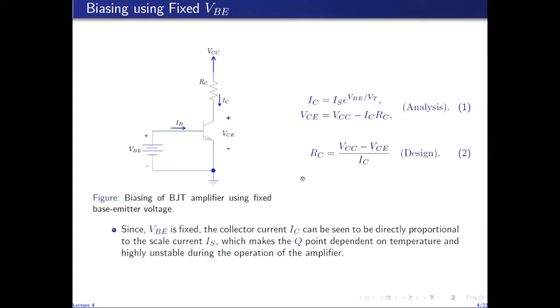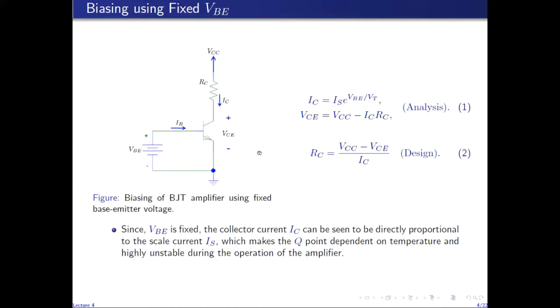So as we can see, VBE is fixed, which makes the collector current directly proportional to the scale current. And since the scale current is a strong function of the temperature, the resulting bias point becomes dependent on the temperature, and hence is highly unstable during the operation of the amplifier, because the transistor will get hotter, its temperature will rise, which will vary IS, and that in turn will vary IC and VCE.